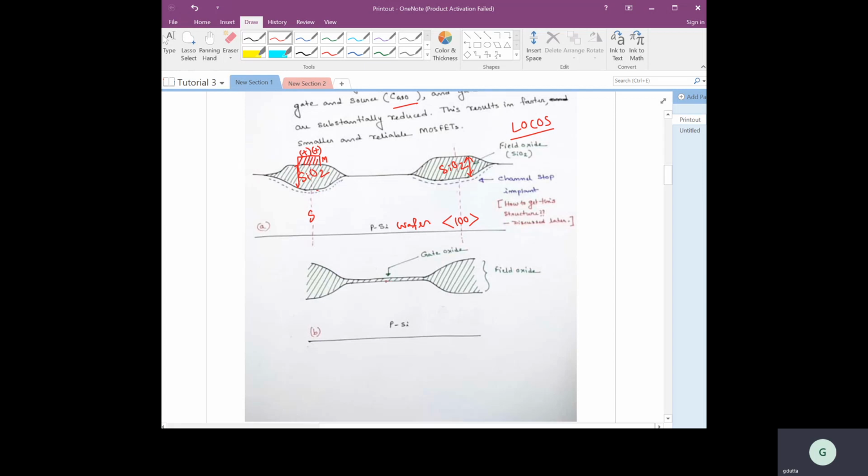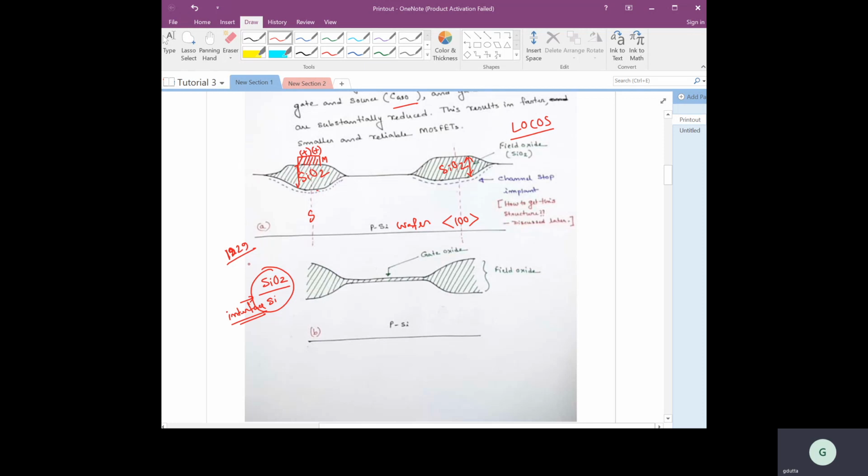And for MOSFET operation, the interface between this silicon dioxide and silicon is everything, right? This interface is everything. Remember that. Because I think from the first class you recall that the MOSFET theory was predicted in 1929.